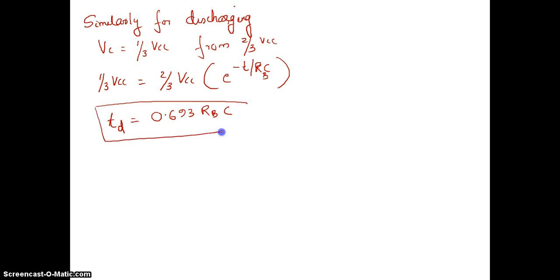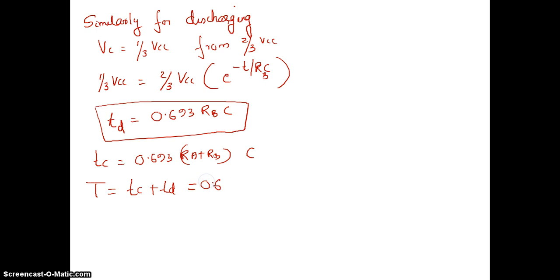So the charging time, as we already got, is 0.693 RA plus RB into C, and the discharging time TD is 0.693 RBC. So the total period T is equal to TC plus TD, which is 0.693 RA plus 2 RB into C when we add these.